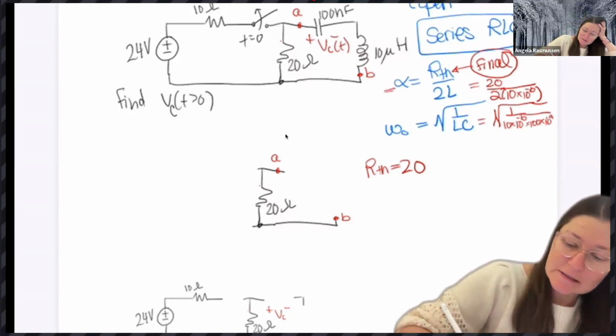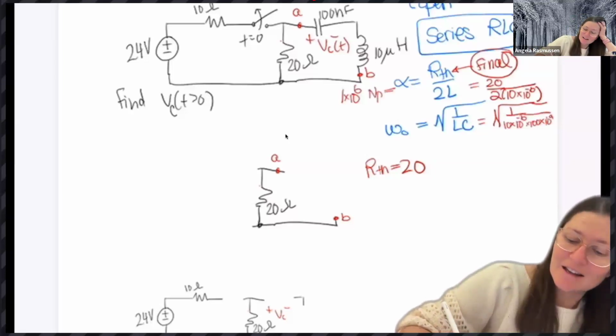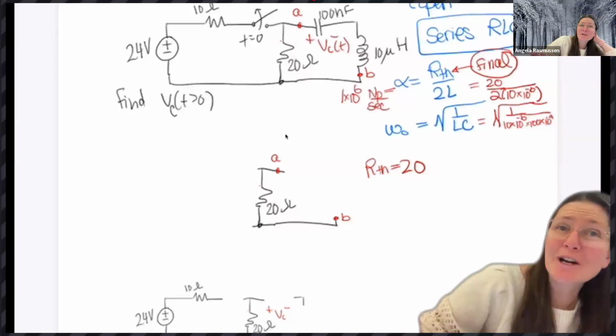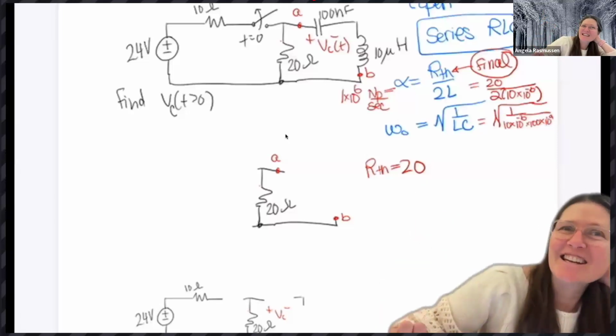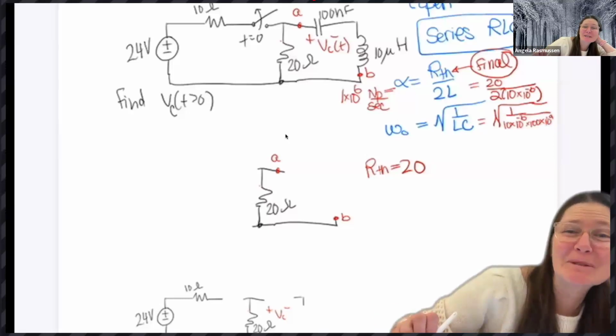In what units? What's the unit for alpha? Yes, nepers per second. I looked it up, by the way, they're named after John Napier, who invented logarithms. Okay. Thank you. No idea why that ended up being in here. So nepers per second.